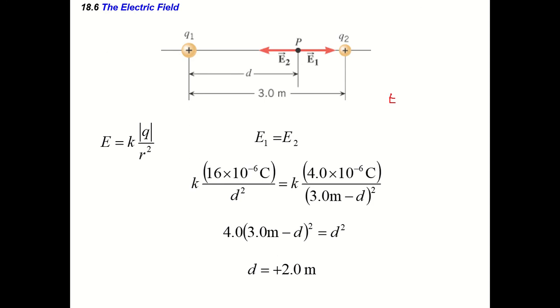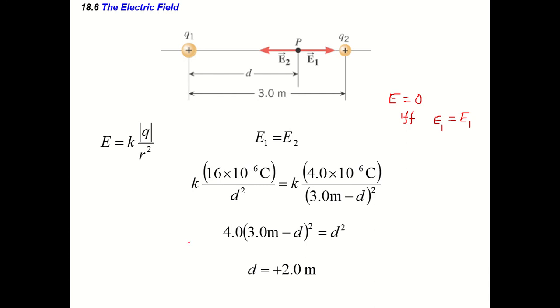So this net electric field will become 0 if and only if E1 is equal to E2. Meaning the magnitudes of E1 and E2 are equal, and in opposite direction. So in this case, opposite direction, so they will just cancel.